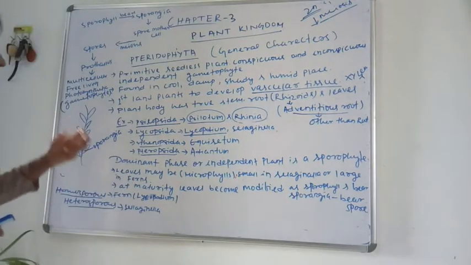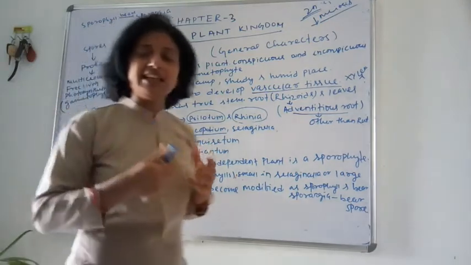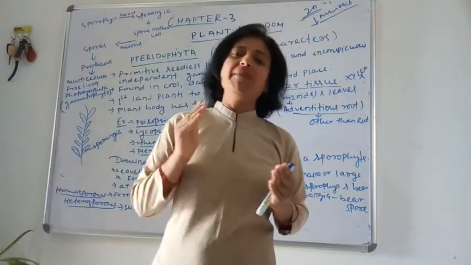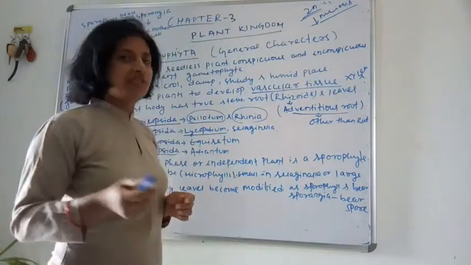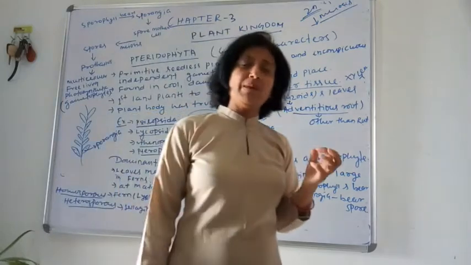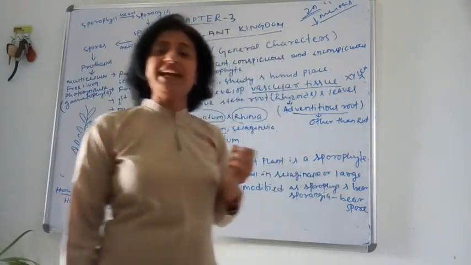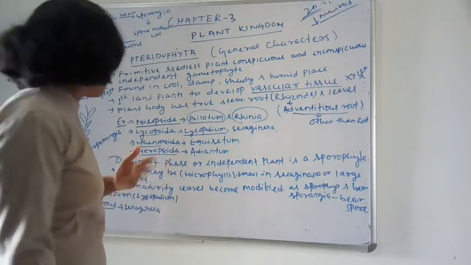I also want to tell you that ferns have the maximum number of chromosomes found, which I have already told you, more than 600, approximately 678 pairs.